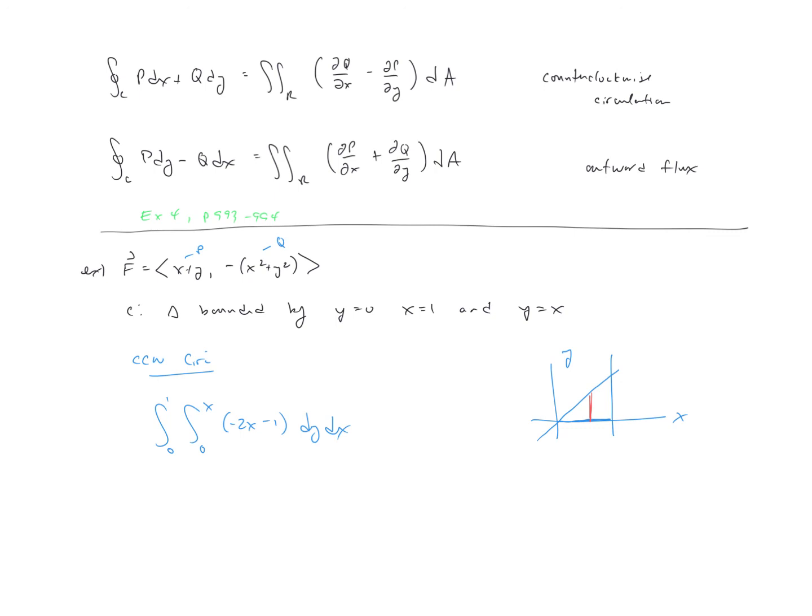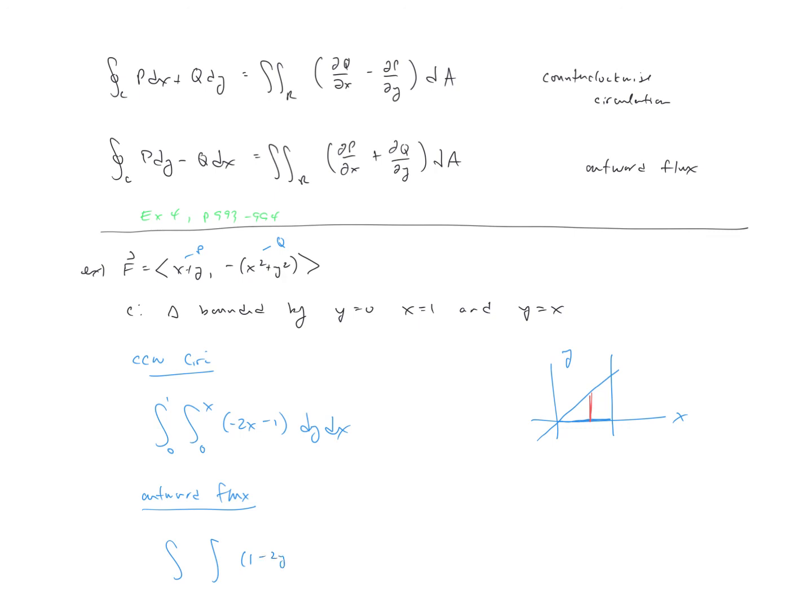When it comes to now outward flux, the only significant difference here is going to be the formula that we have right here. We'll have partial p with respect to x, which would be the 1, and then we'll have partial q with respect to y. So partial q with respect to y would be the minus 2y.